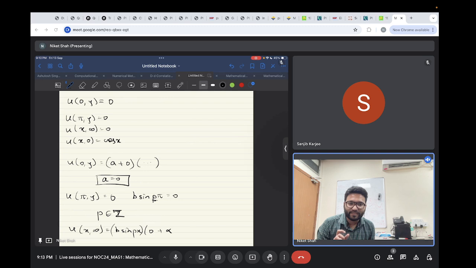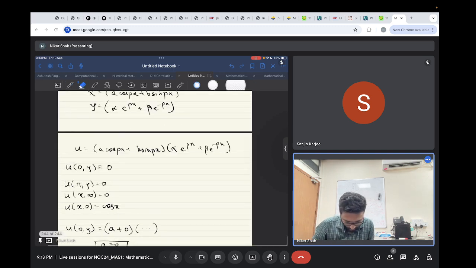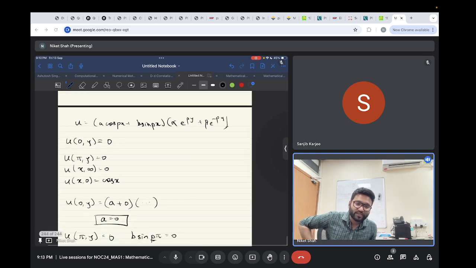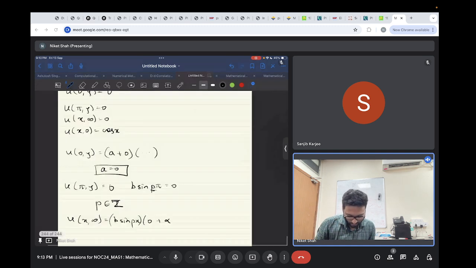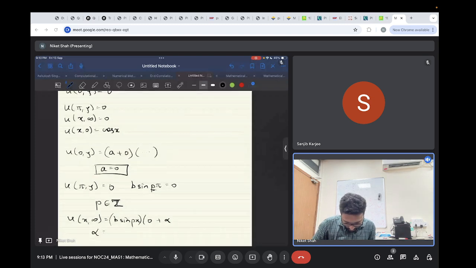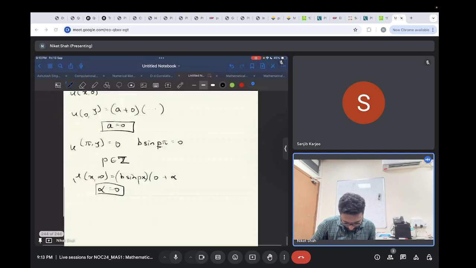This is not x, I'm really sorry, this is y. Beta e power minus py goes to 0 when y goes to infinity, but alpha e power py shoots up when y goes to infinity. So we cannot have that term. Because of this boundary condition, alpha is equal to 0.